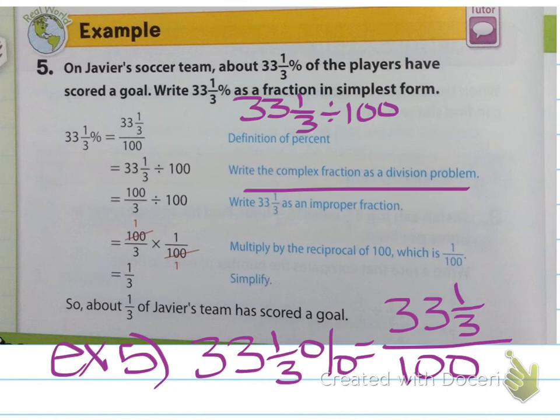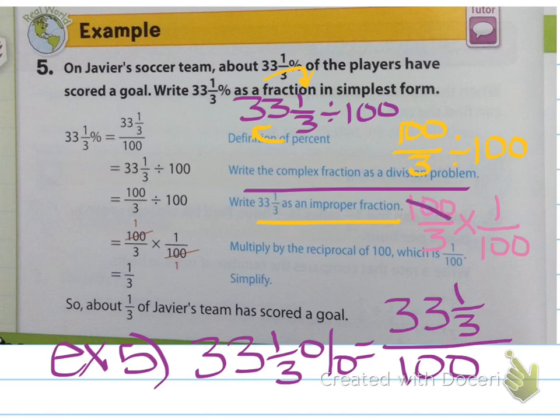Then we're going to make this into an improper fraction. So that's going to be 100 over 3 divided by 100. Now we can make it into a multiplication problem. We keep the first, change to multiplication, and flip this to 1 over 100, or multiply by the reciprocal, however you want to call it.